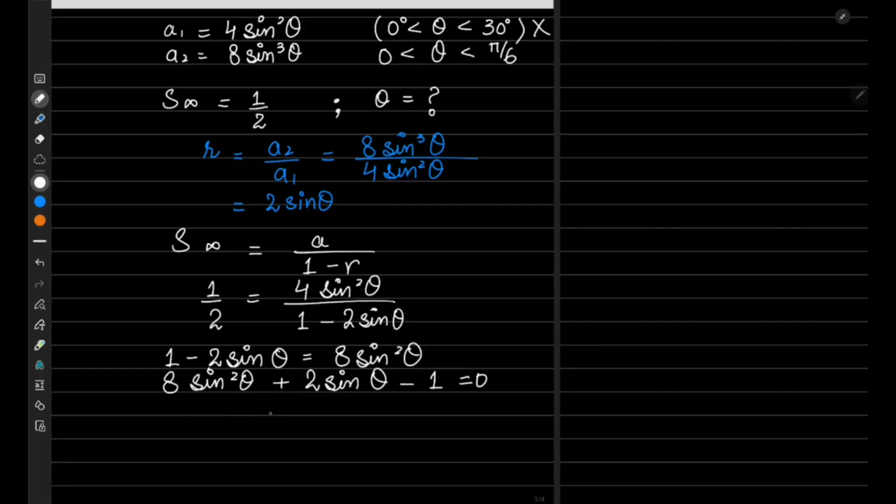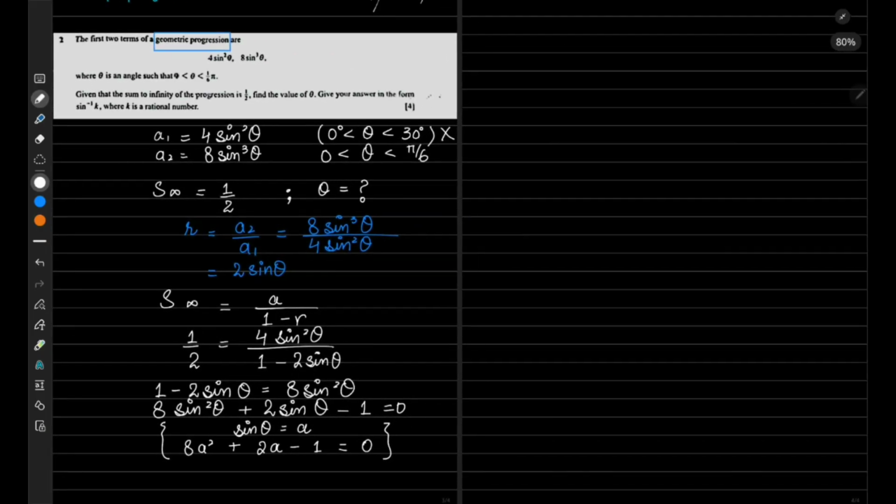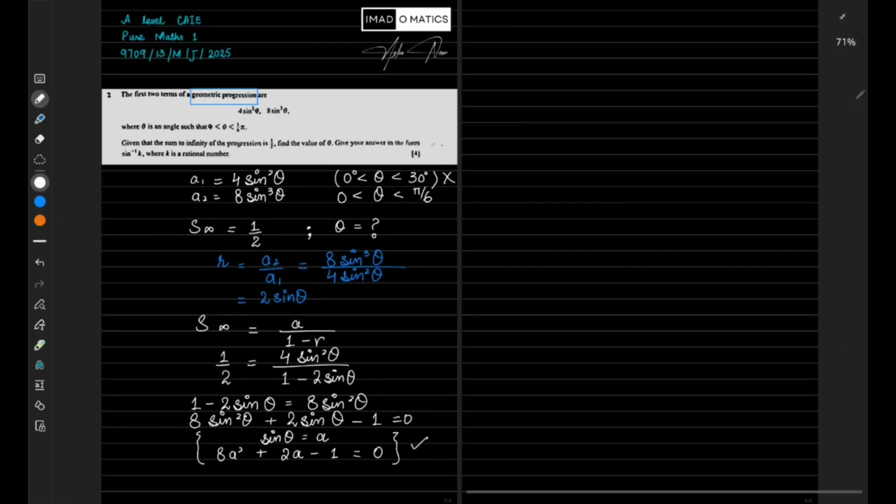So you can either solve it by putting sine theta equals A, so it becomes 8A square plus 2A minus 1, which seems very familiar to students, or you can directly solve in the form of sine theta. I'm sure you know how to solve this quadratic equation, so I am showing you how to solve it in sine theta format.